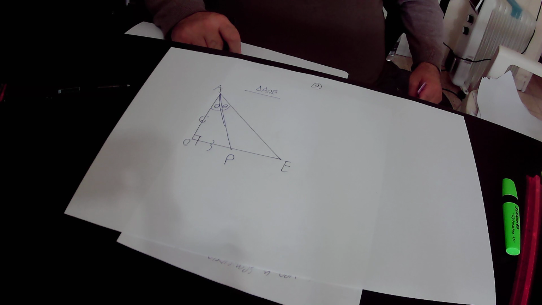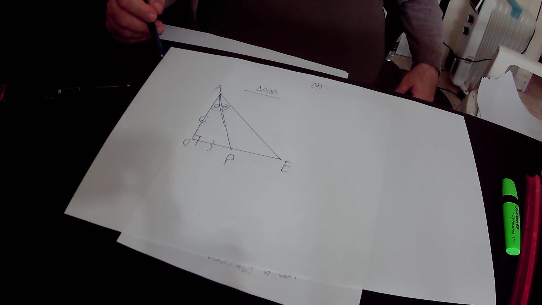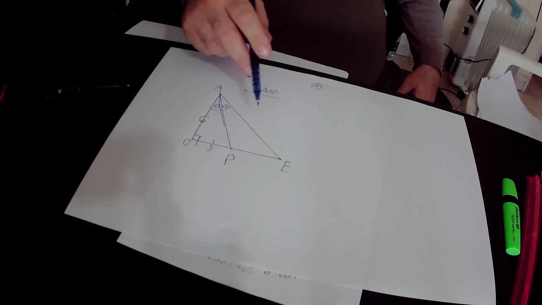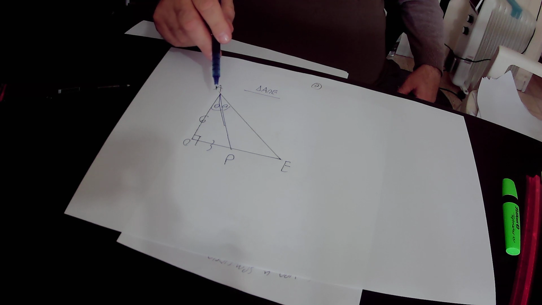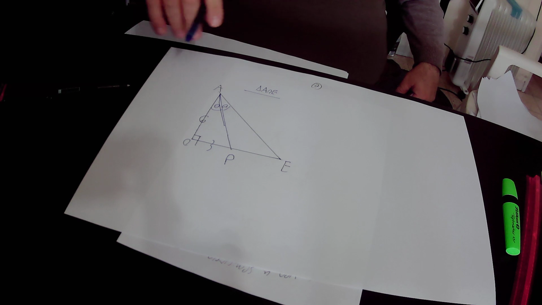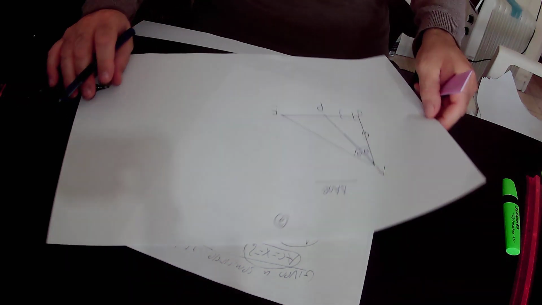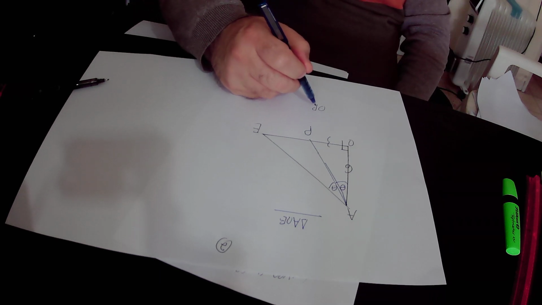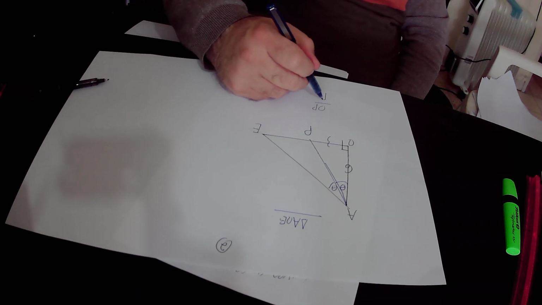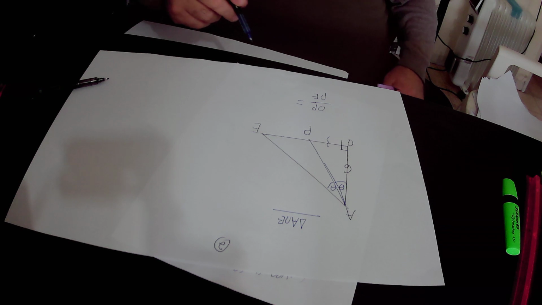According to the angle bisector theorem, the angle bisector AP reaches side OE and divides it into two parts. The first part is OP, and the second part is PE. And the ratio between those two parts is OP over PE, and that ratio equals the ratio of the angle's legs.